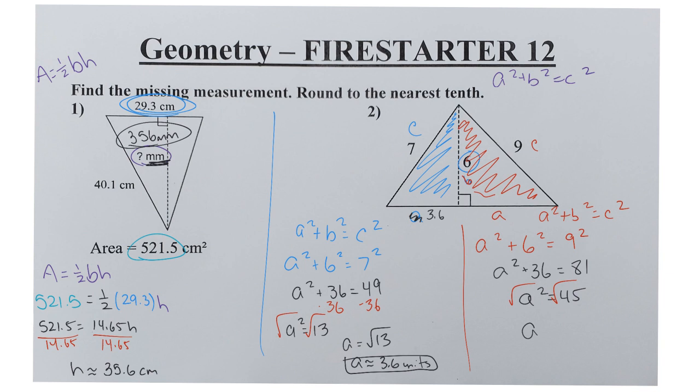But most of us are probably going to just put it in your calculator and you're going to give me a decimal. So it's about 6.7. So now you could find the area if I told you to, because you have the base now, because this is the base. Alright, so there's boom and boom. And that's it for 12.